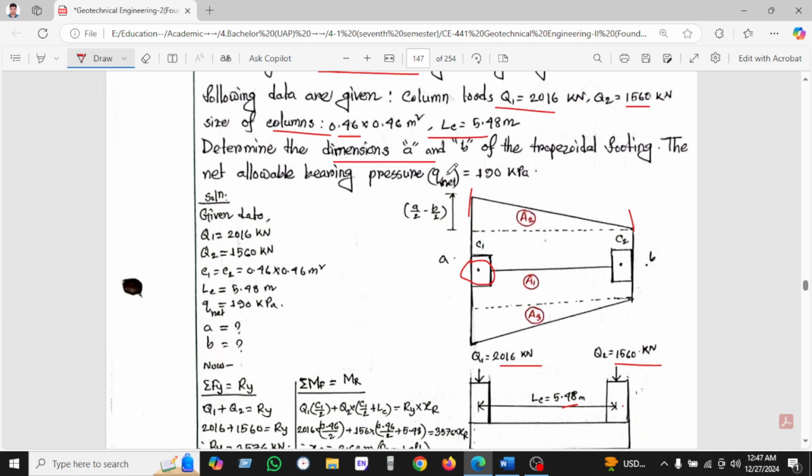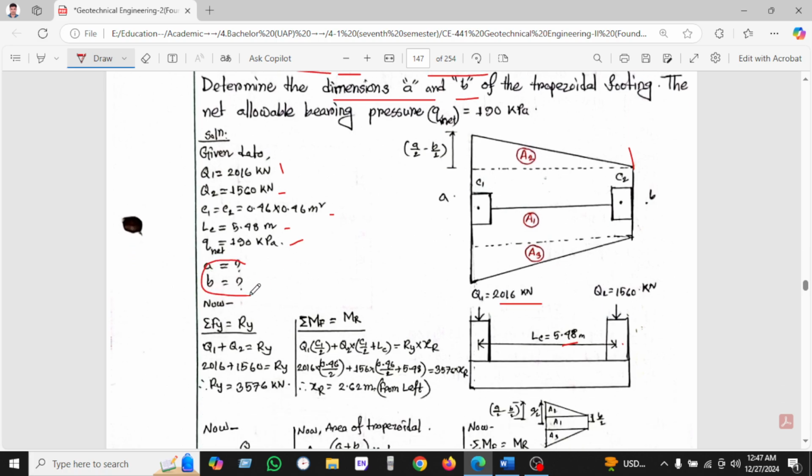Determine the dimension A, and B, the right dimension of the trapezoidal footing. The allowable bearing capacity is given as 19 kilopascal. So these data are given: Q1, Q2, C1, C2, clear length and bearing capacity. So we have to find out A and B.